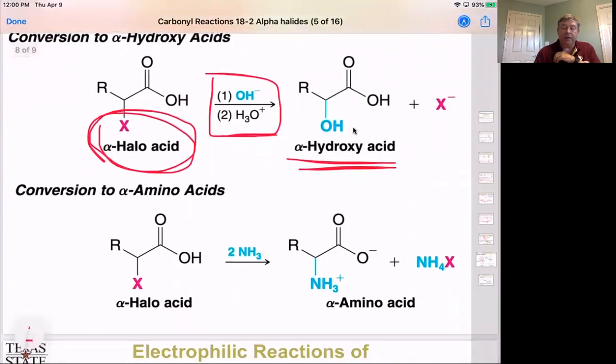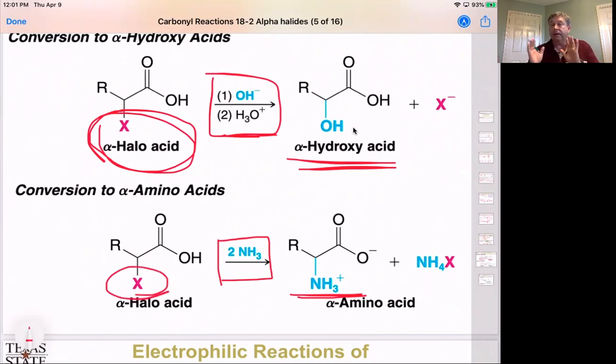If instead of using hydroxide as our nucleophile, we use ammonia, we can actually get our alpha amino acid available to us that way. So this is a really interesting way to substitute just at this position while not changing our carboxylic acid and not having to protect our carboxylic acid.